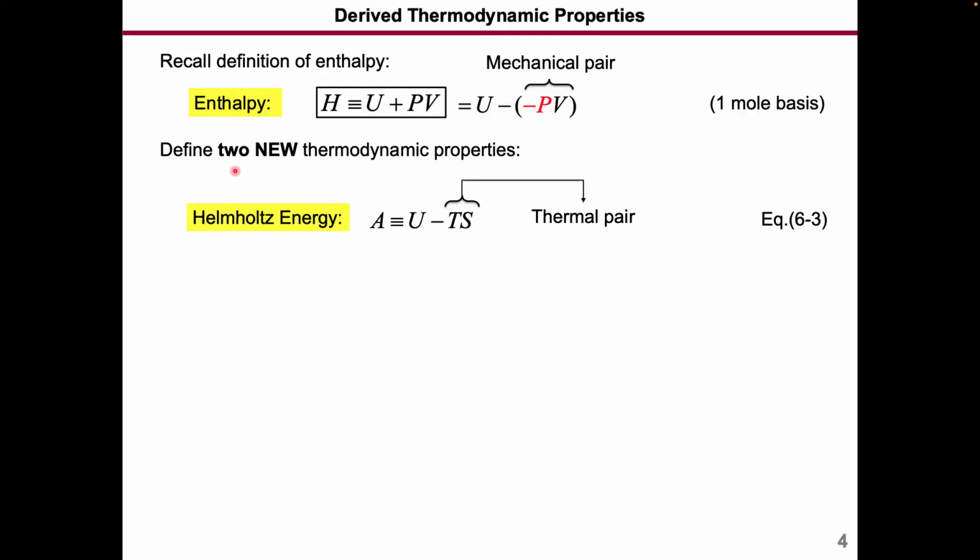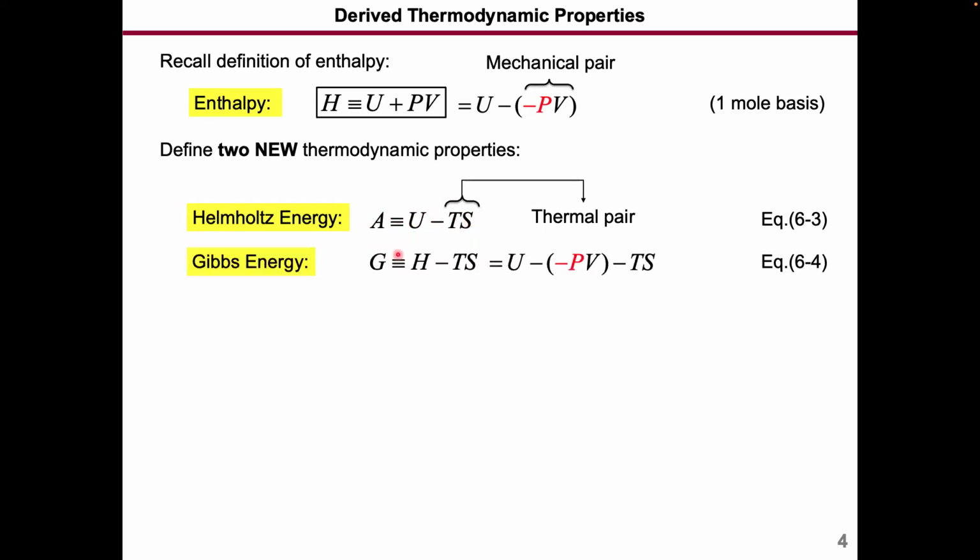And now, similarly, we can define two new thermodynamic properties. One that people typically use is called Helmholtz energy. A is usually used to represent this energy. A is just equal to internal energy minus the thermal pair, so U minus TS is your Helmholtz energy.